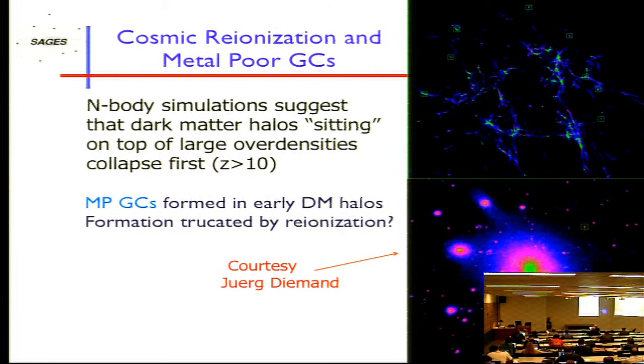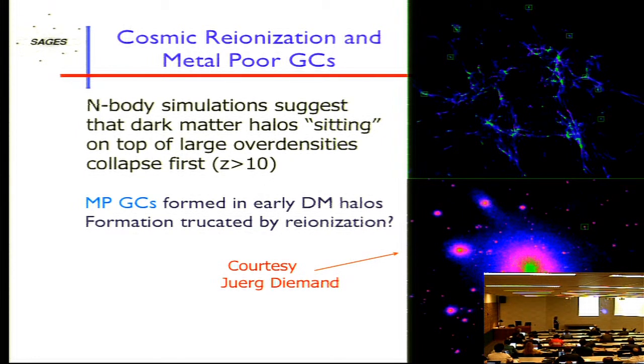Okay. So for the last few minutes, I want to talk about two little cool things that try to show the range of different problems that we're able to address with these data. So one cool little topic is the possibility of constraining cosmic reionization using metal-poor globular clusters.